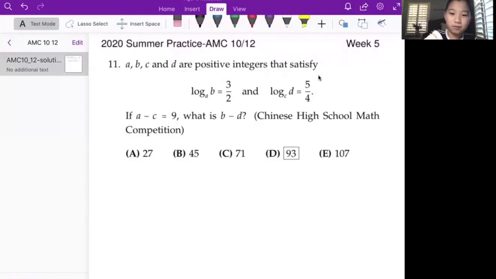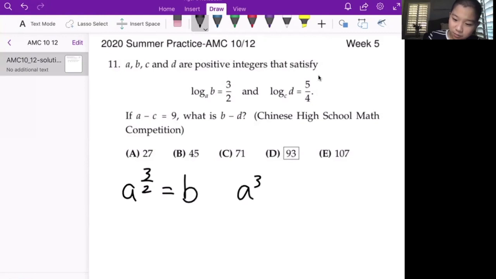Okay, so let's first write them in exponents, which is what you should do whenever you have something that isn't that easy to describe in logarithms. So log base A of B is equal to 3/2. It means A to the 3/2 equals B, or we can square both sides to get A cubed equals B squared.